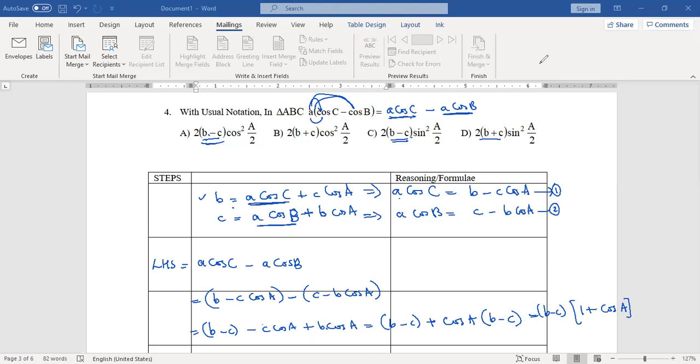One student has already given the answer. Now, do you know the formula for 1 plus cos theta and 1 minus cos theta? It has been used many times in derivatives. Kevil first to give the answer, Parinita, Chirag, good.